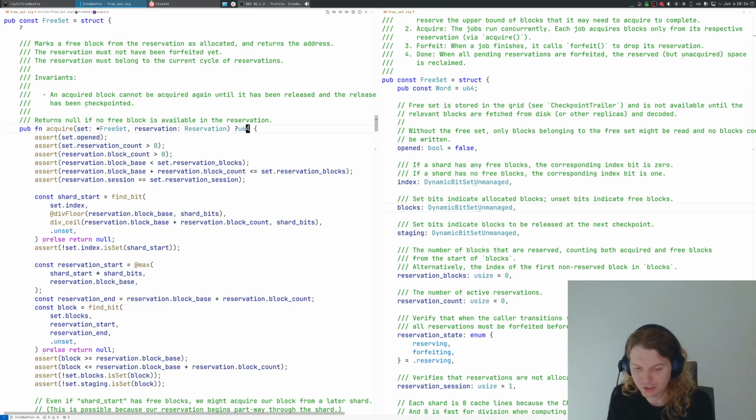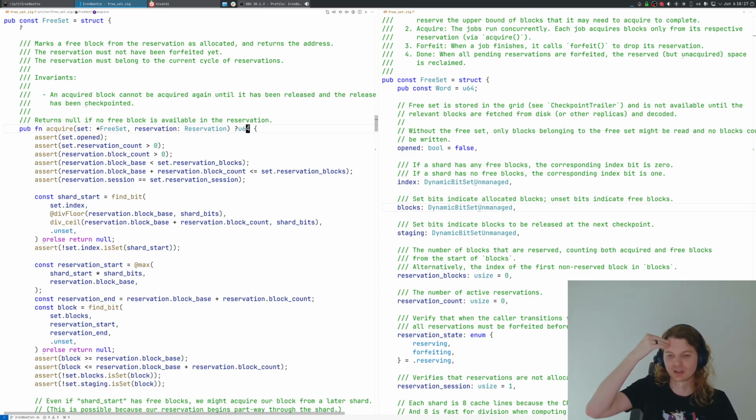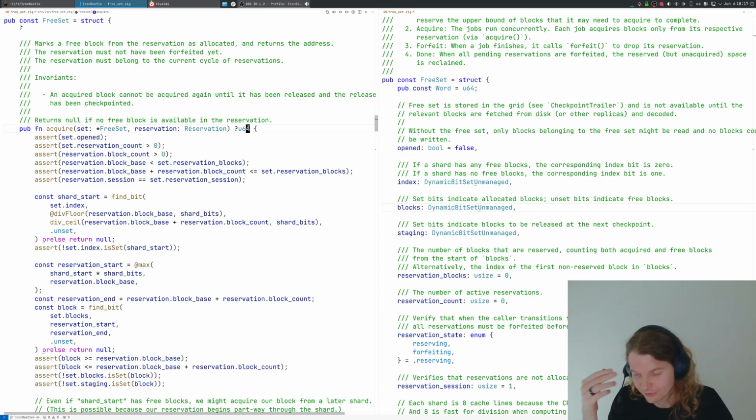The cool thing here is that this is purely an in-memory limit. So if you are running out of space in your FreeSet, you can crash the replica, and then restart the replica with a higher amount of RAM, and it will proceed fine.